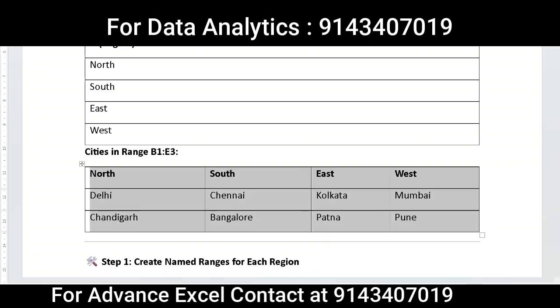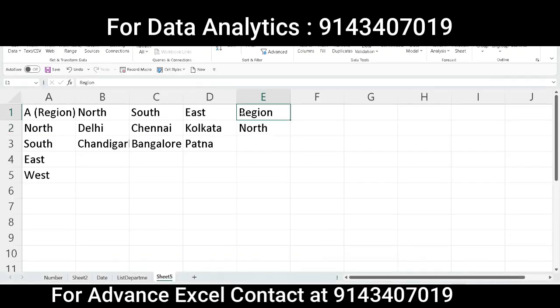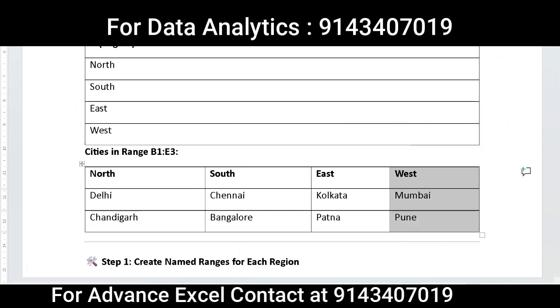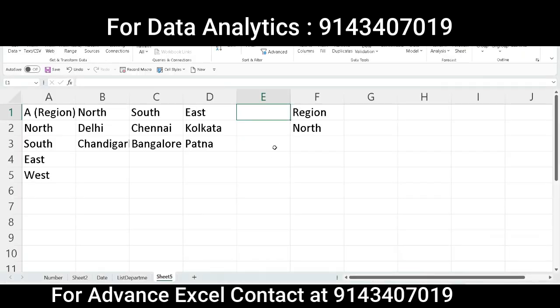Okay, I think west is not here. Just bring one cell here. So I write west here. I'll copy this value from here and paste it here. Now you can see I have pasted it here.